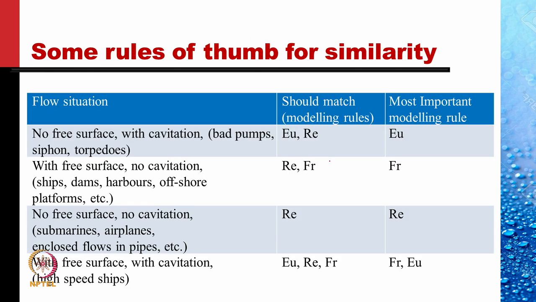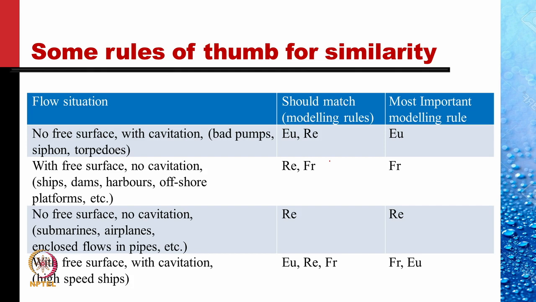Let's summarize the rules of thumb that we obtained so far for similarity. For a flow situation where there is no free surface but there is cavitation, for example, in poorly designed pumps where the cavitation occurs, in siphons and in torpedoes which operate at quite a bit of depth, we need to match the Euler number and Reynolds number only.